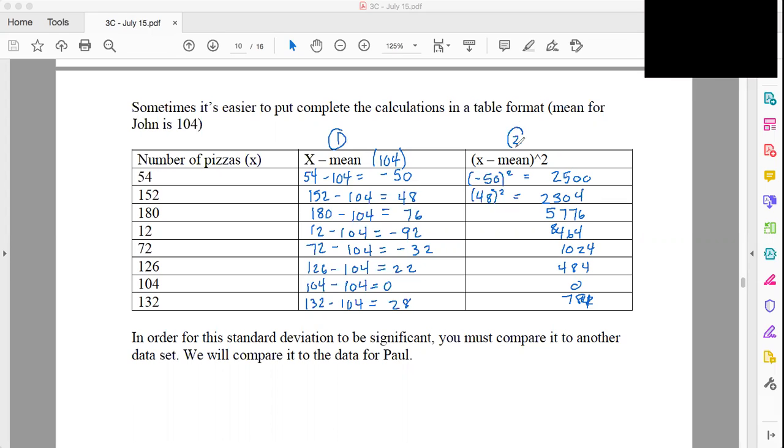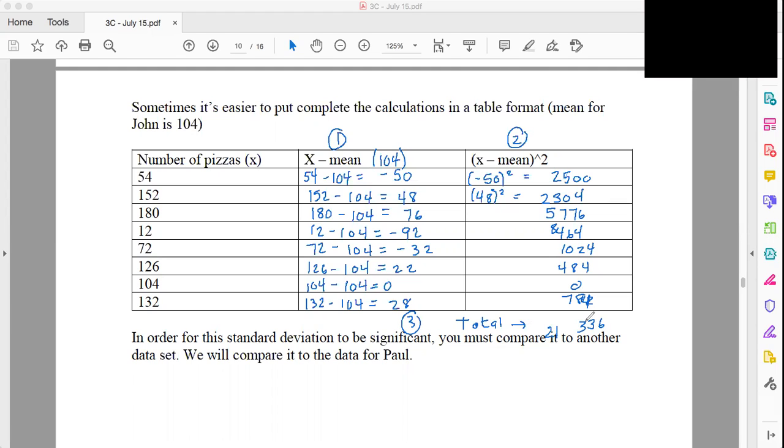This is our second step, so you square it. Our third is to find the total, so you add all of these together. Your next step is to compare it to Paul's data. I won't do that, it's a long process, but this is how you do the standard deviation.